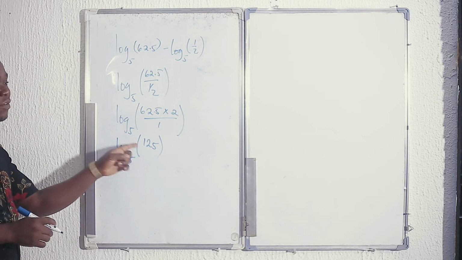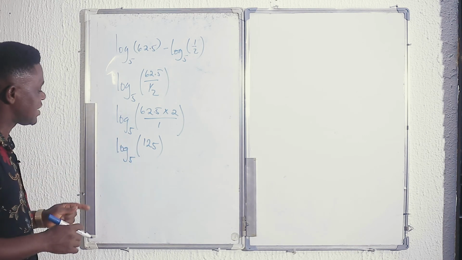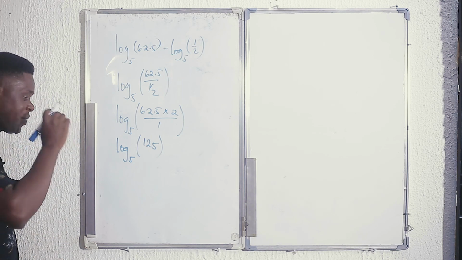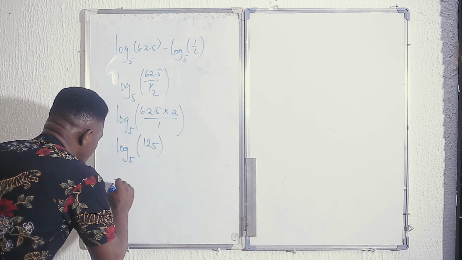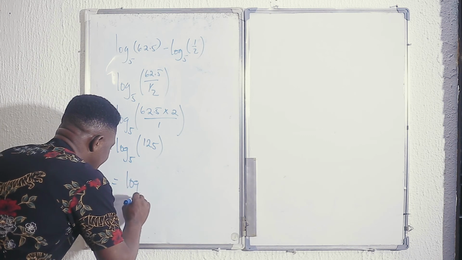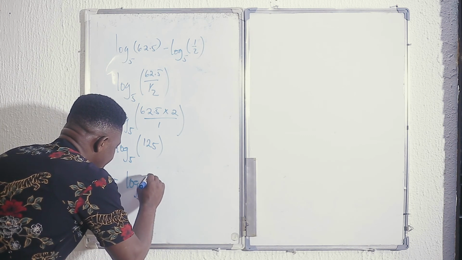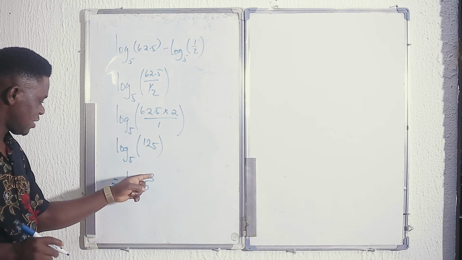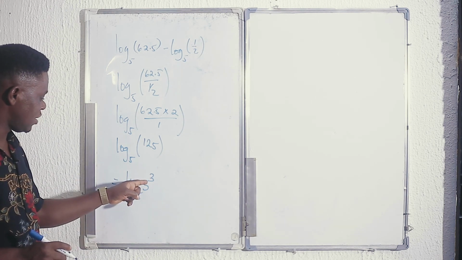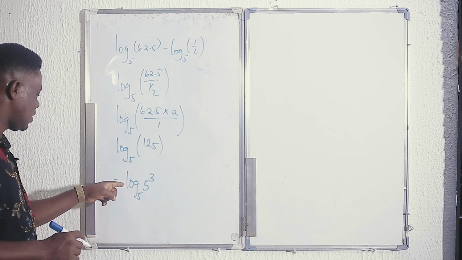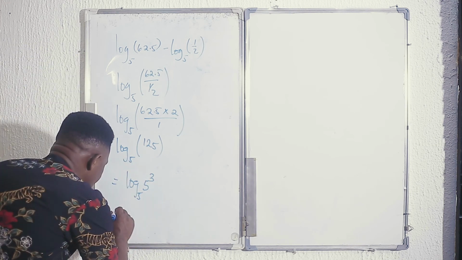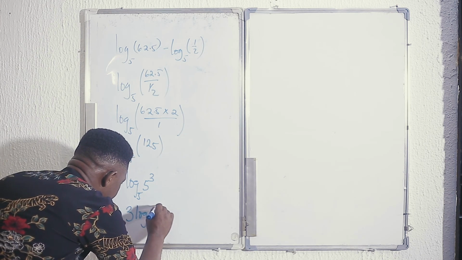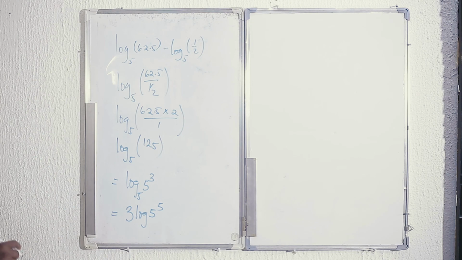So 125 is the same thing as 5 raised to power 3. So this is going to be log base 5 of 5 raised to power 3. And you know that once a number inside the log is raised to a power, that power can come down here. So that's going to be 3 log 5 base 5.